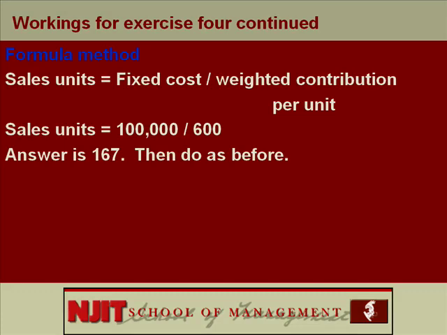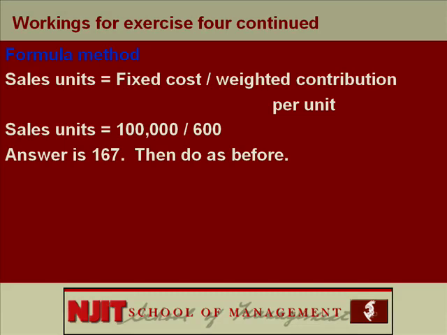So sales in units is 100,000 fixed cost over weighted contribution per unit. The weighted selling price was 1800. The weighted variable cost, which took both into account, is 1200. So the weighted contribution is 600. Answer is 167, but then you do it as before.